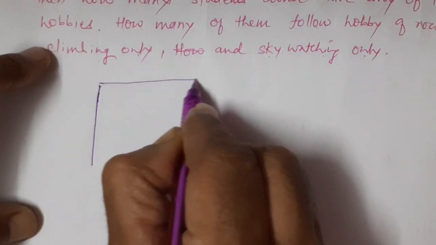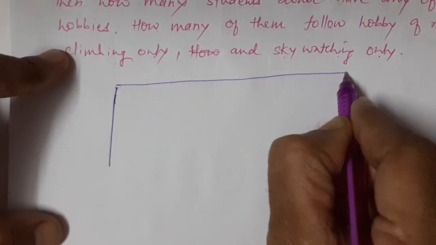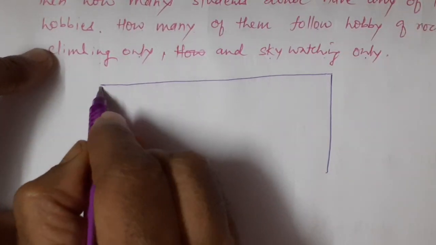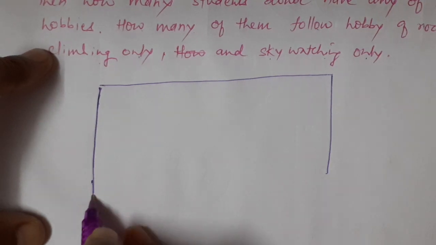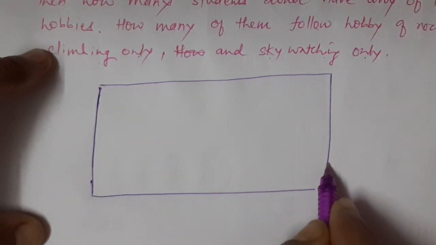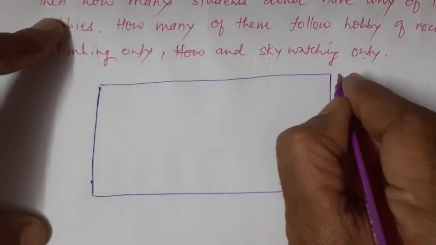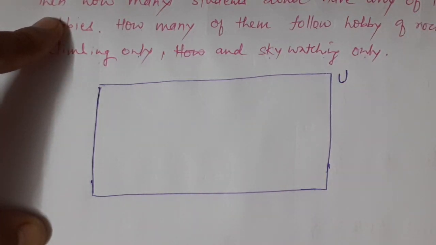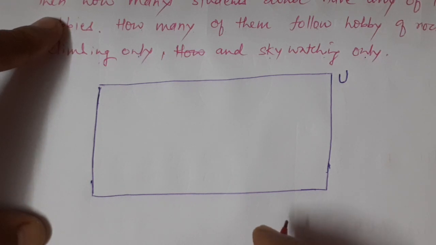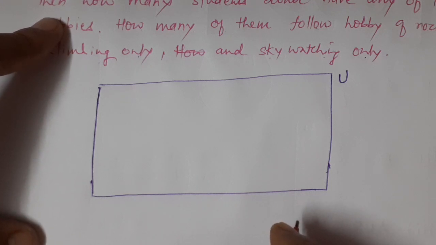You know that first of all we are drawing a universal set, and in that universal set I am drawing this with the help of a Venn diagram. Okay, this is the universal set. First of all, we are considering that x is the number of students who do not have both the hobbies.